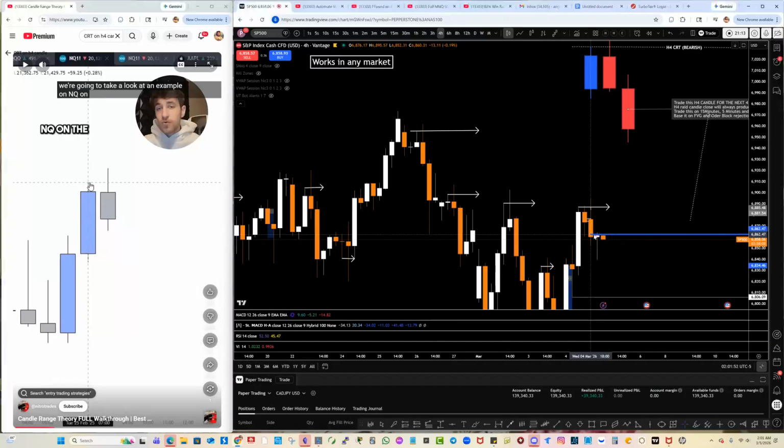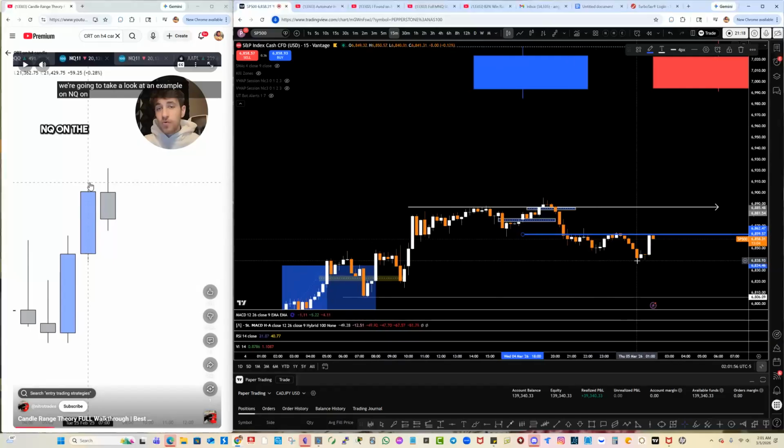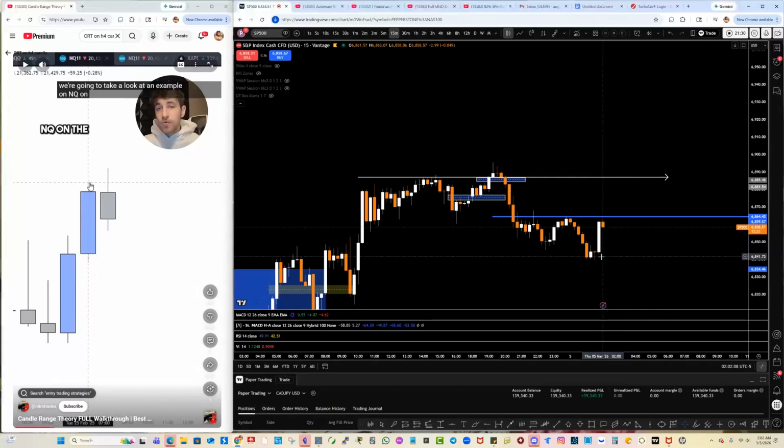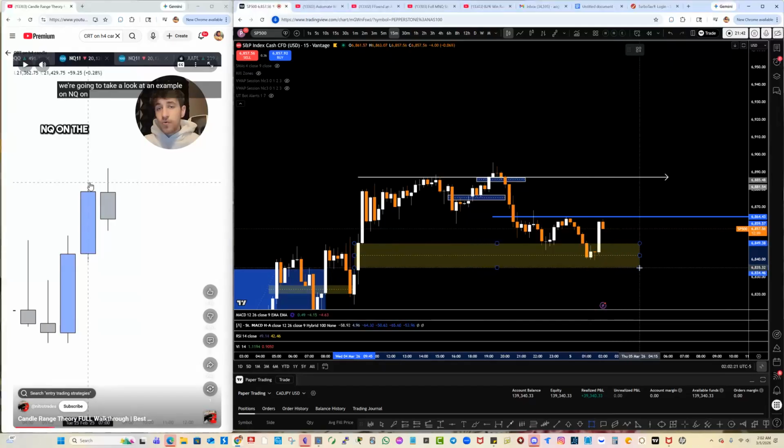Since we're going long, we go to 15-minute chart. So we will look for breakout structure. This is where the market closed. So I believe we have order block right here, and we have to our left a fair value gap that the market is responding to right here.